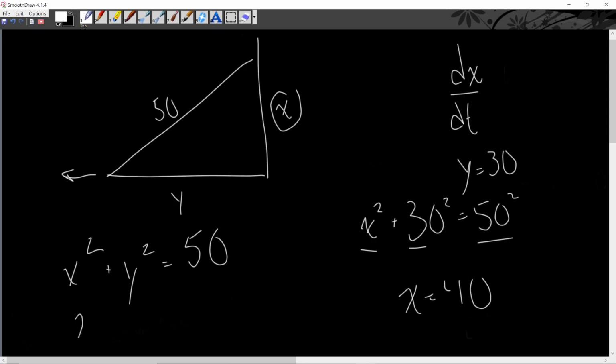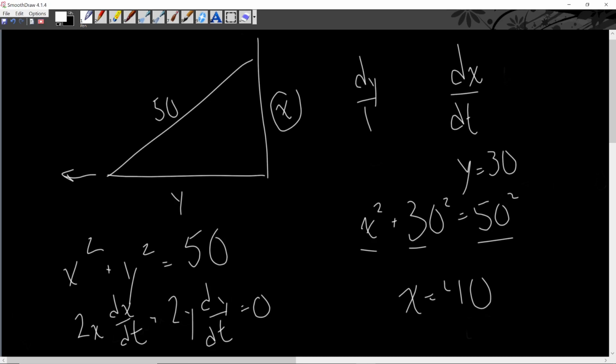And so we have 2x dx/dt plus 2y dy/dt equals 0, right? And then we know what x is equal to. That's 40. What is dy/dt equal to? Well, dy/dt is supposed to be 3, right? dy/dt is equal to 3.